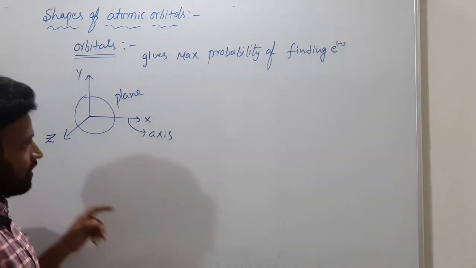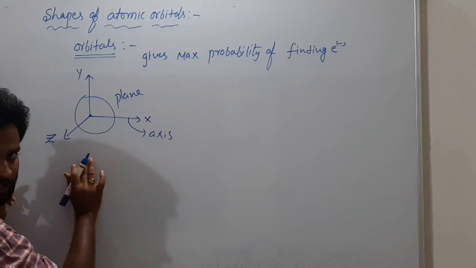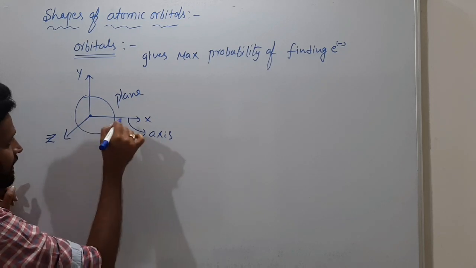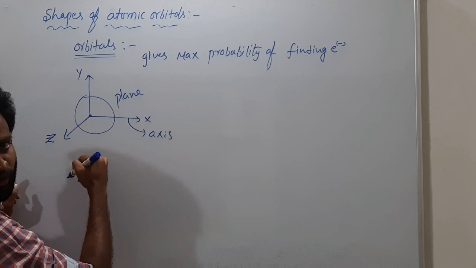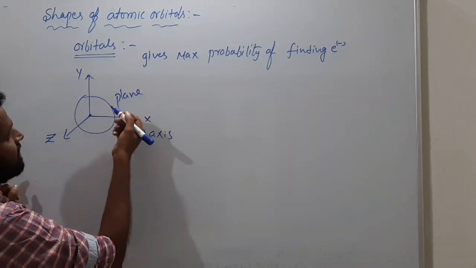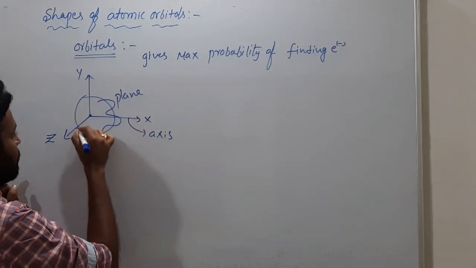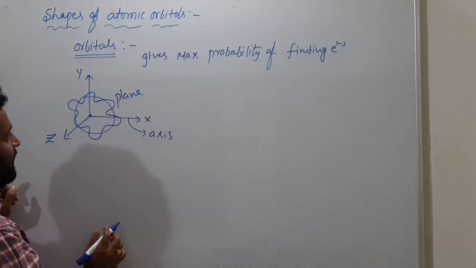The electron revolves around the nucleus in circular paths, creating a wave. In that wave, the crest and trough give the maximum probability of finding the electron.